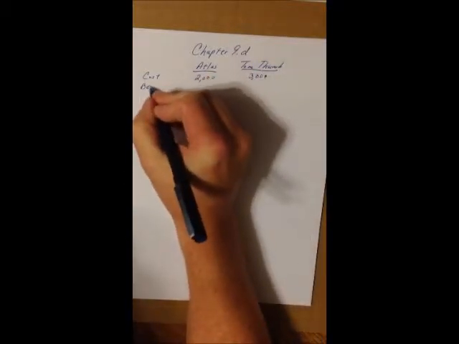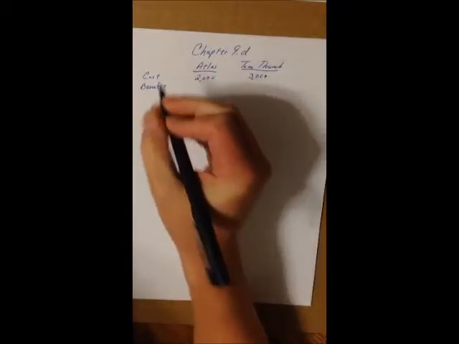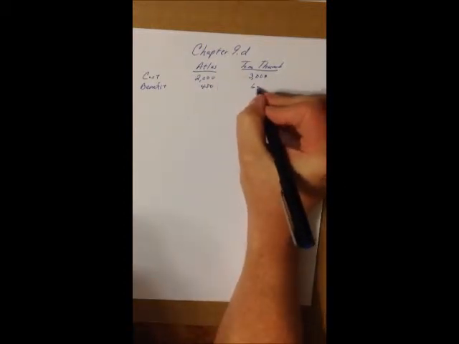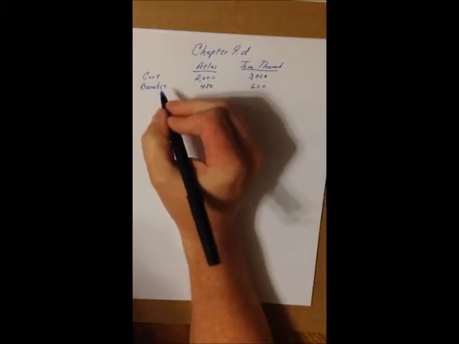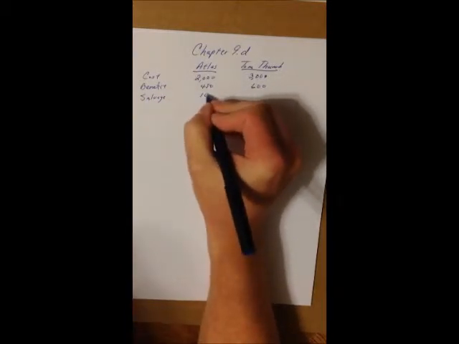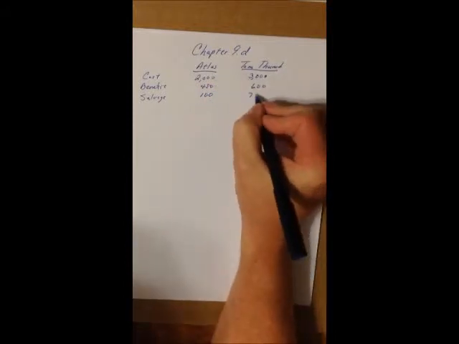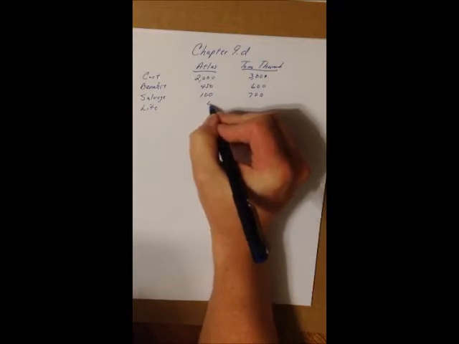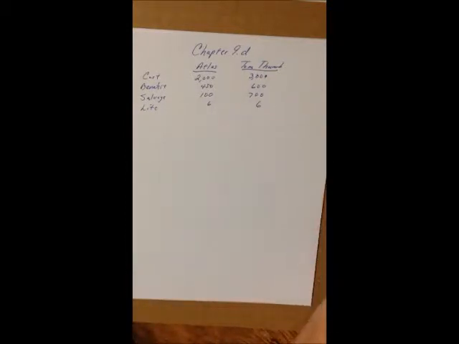And we have a benefit, let's say $450 each year for the Atlas and $600 for the Tom Thumb. We have a salvage value of $100 for Atlas and $700 for the Tom Thumb. And the life expectancy is basically the same, 6 years.